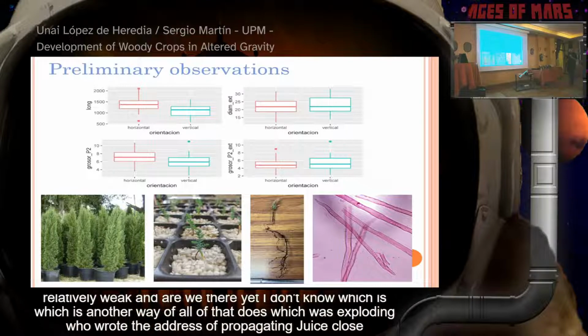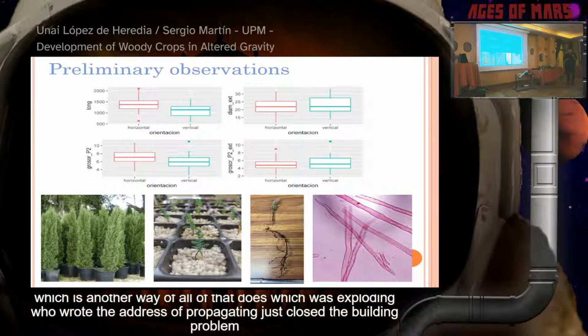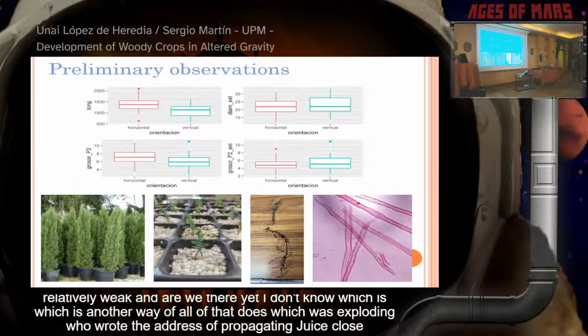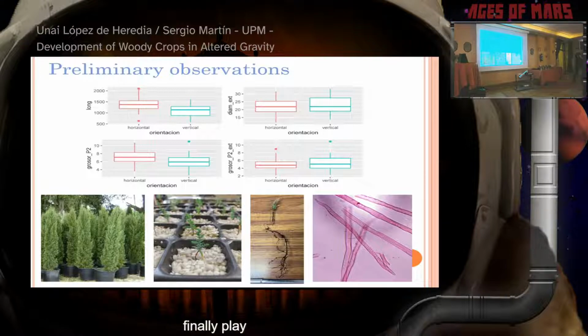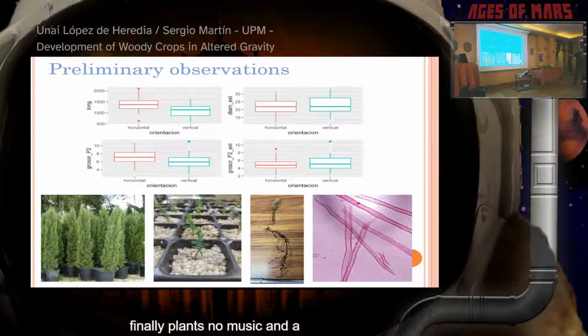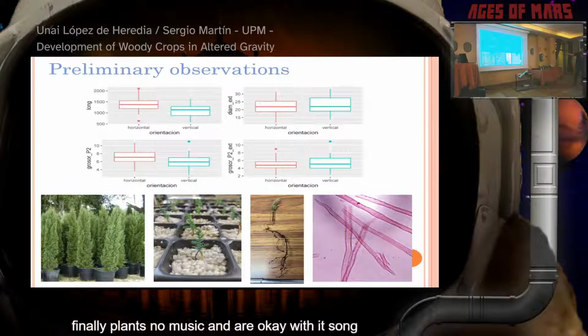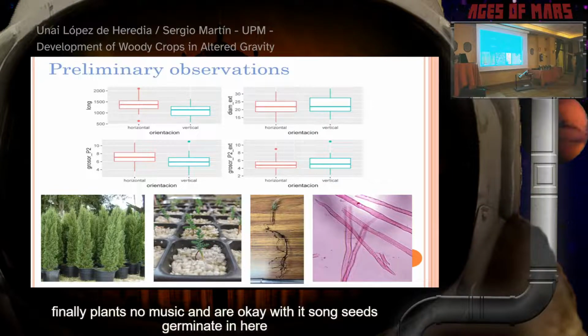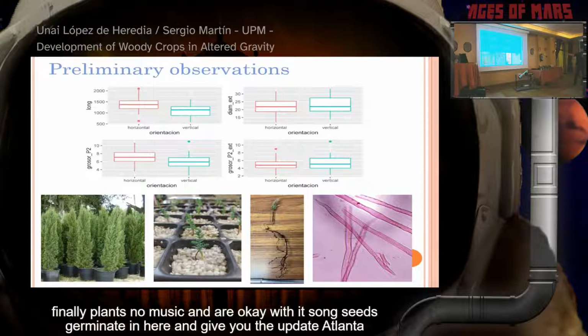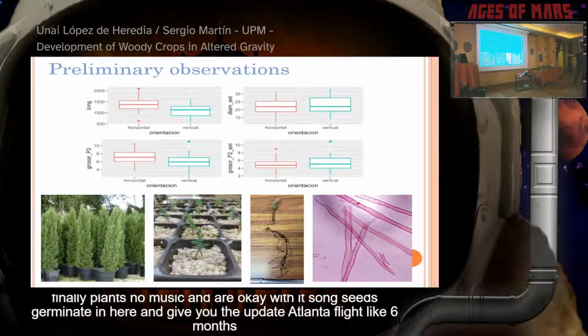I think the protein problem you talked about before could probably be solved with genetically modified organisms, having only plants, no need for insects. And we put some seeds germinating here, and this is the aspect a plant will have at 3 to 6 months.